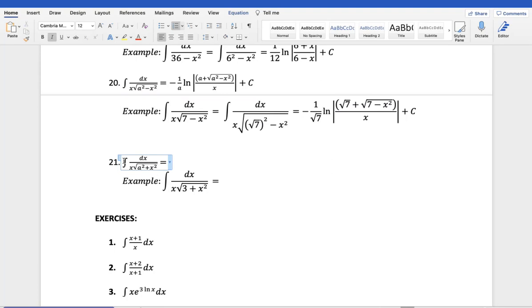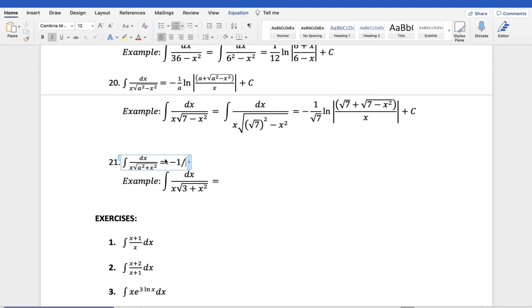So the last standard integral that we'll look at is the integrals of the form dx over x multiplied by the square root of a squared plus x squared.